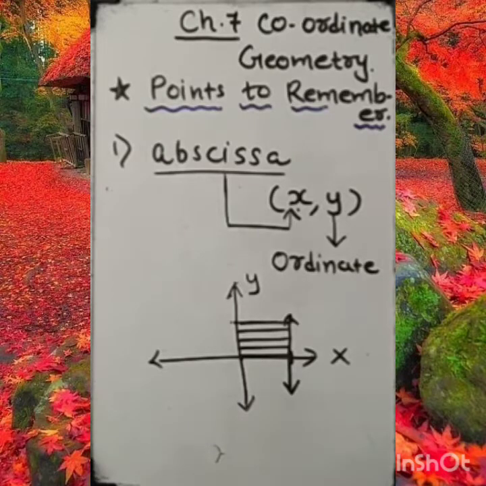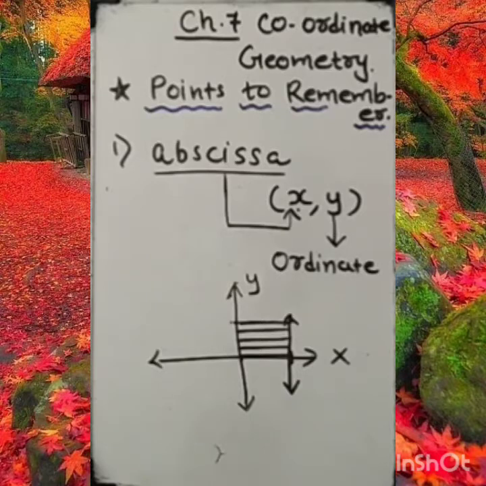Let's move to the second now. Please note down: the ordinate of a point is a perpendicular distance from the x-axis.